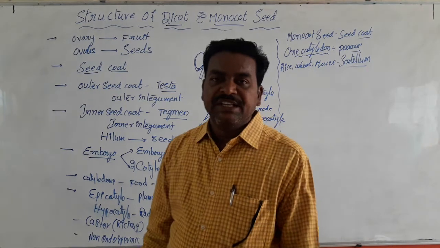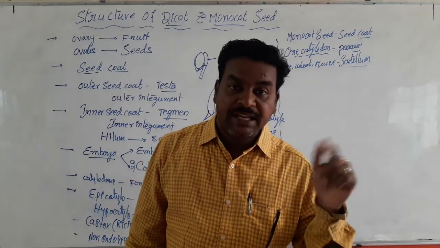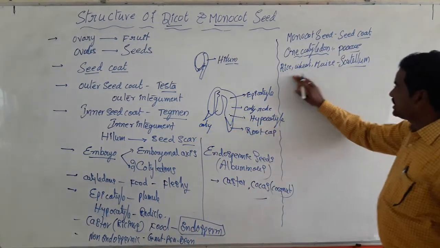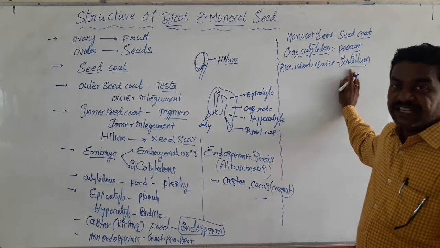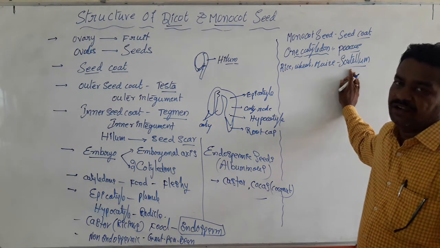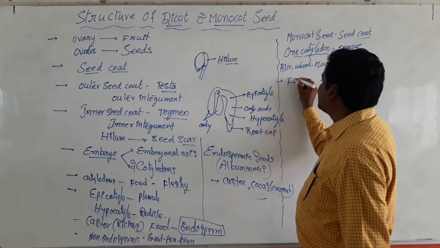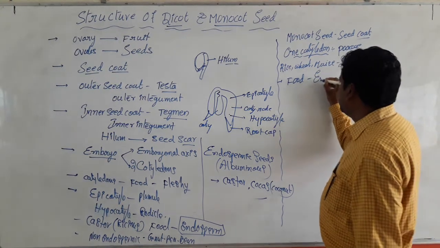Shield shaped single cotyledon present in monocot seeds, particularly in the grass family like rice, wheat, maize, is called scutellum. And food materials are generally stored inside the endosperm.